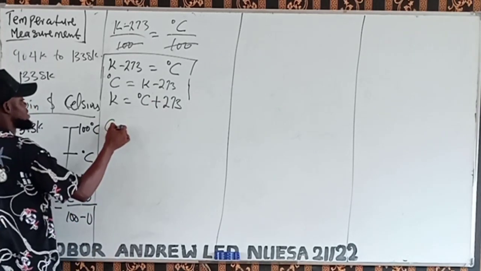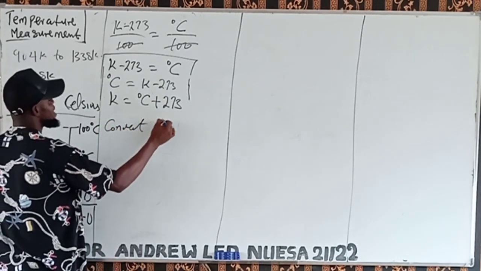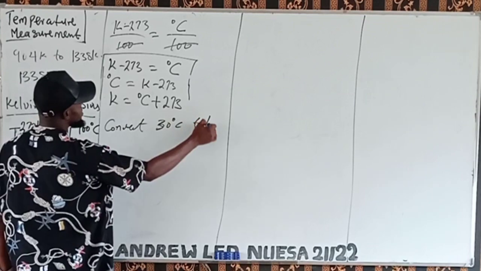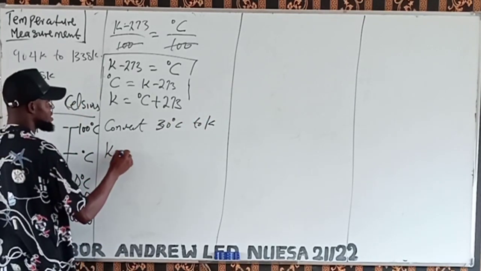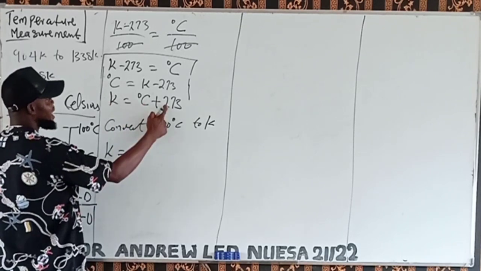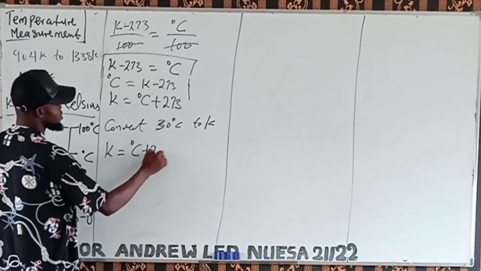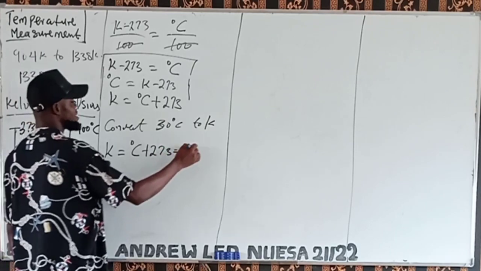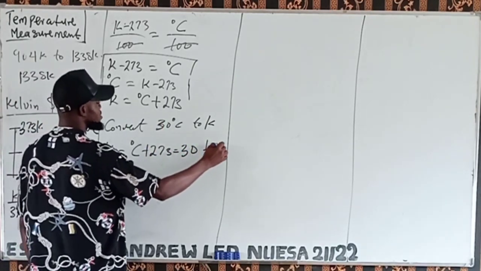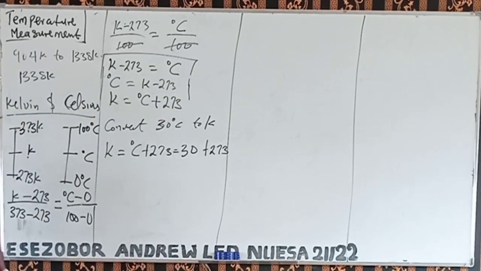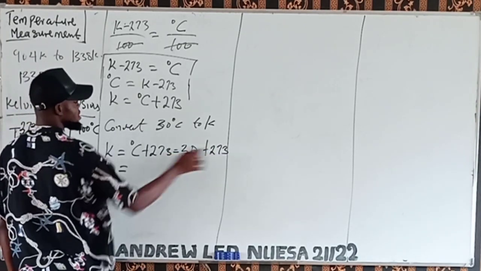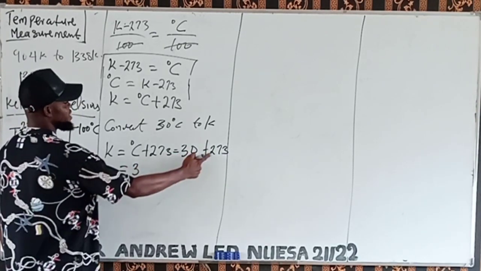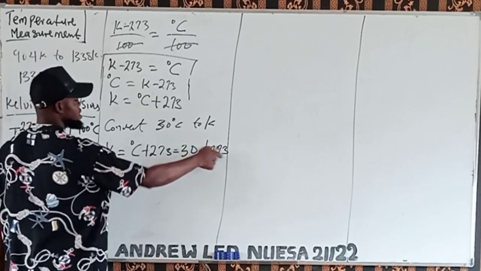For example, convert 30 degrees Celsius to Kelvin. If I want to move from degrees Celsius to Kelvin, I add 273, so we have 30 plus 273.